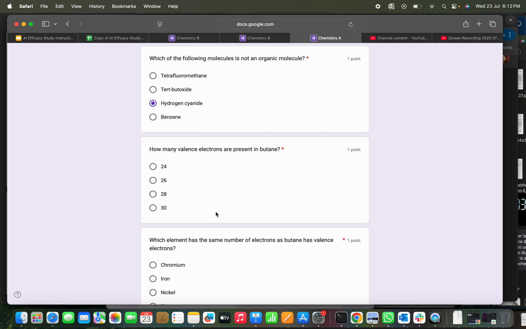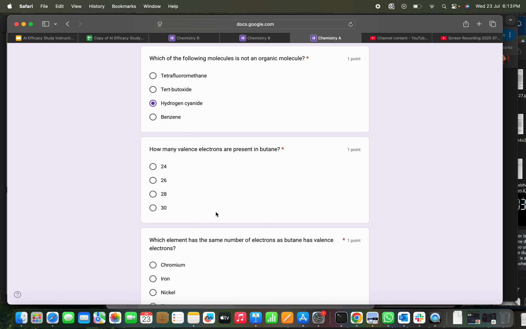CH3, CH2, CH3, CH2 at prop, CH2, CH3. So there are 3 hydrogen atoms in the first one.